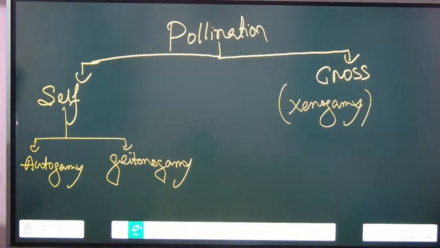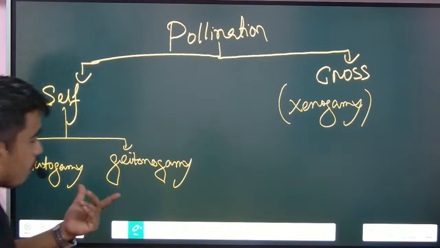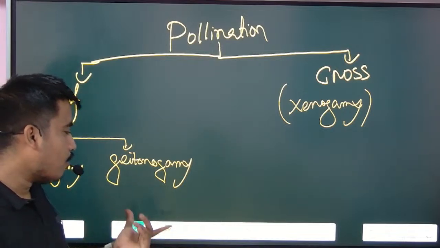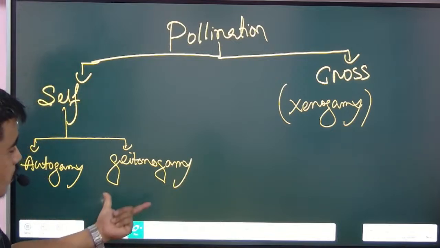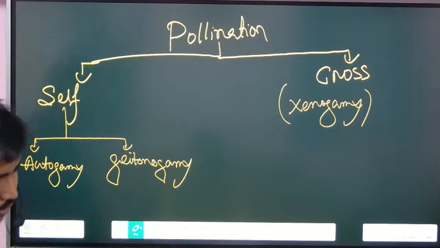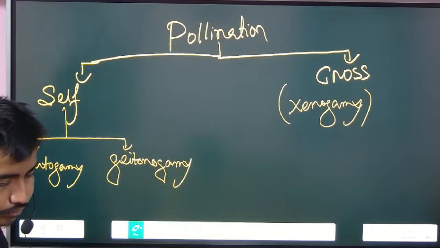Auto means self. If self pollination is within the same flower, that is called autogamy. If pollination is between different flowers of the same plant, that is called geitonogamy.